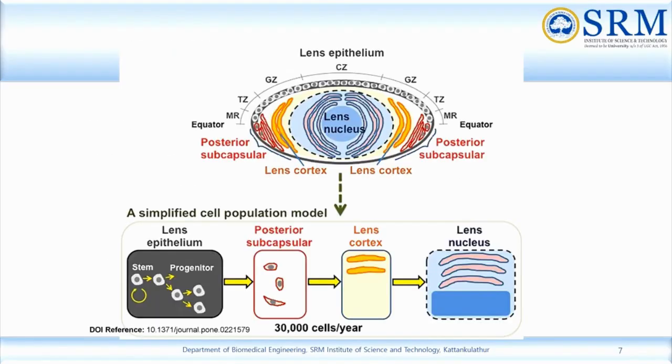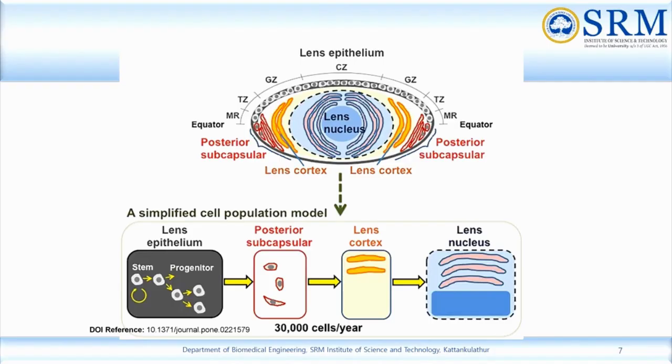If you're looking at the lens, the more proliferative cells are towards the equator or the ends of the lens. At the end of the lens, more of your stem cells are present, and as they differentiate, the more differentiated cells appear towards the center of the lens nucleus.